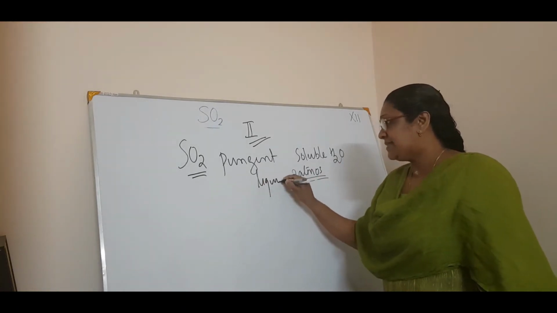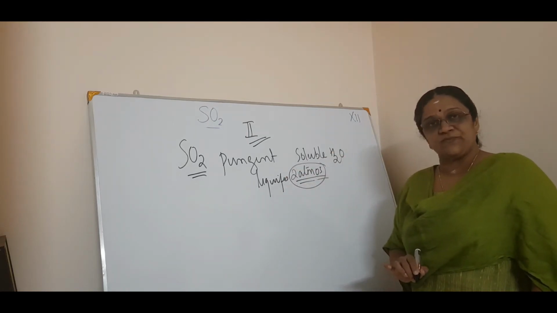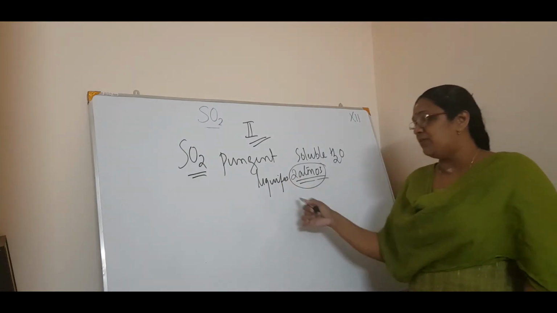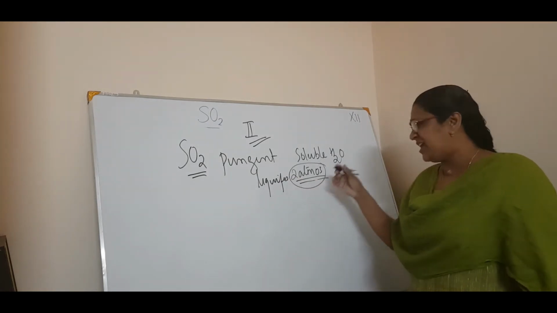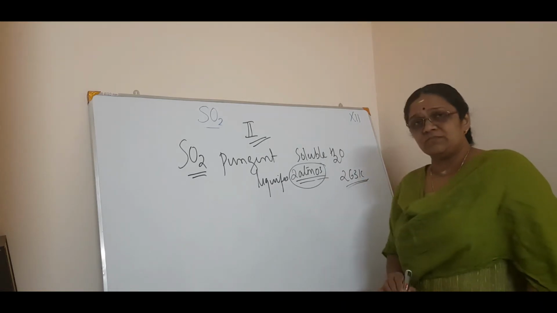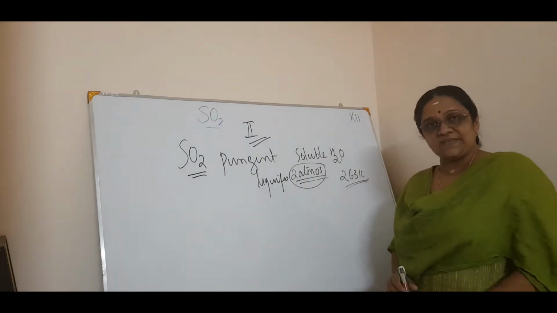So that's all about the physical properties. It is highly soluble in water, it liquefies at 2 atmospheres, and it boils at 263 Kelvin, I think, below 0 degrees. Okay, so this is all about sulfur dioxide.